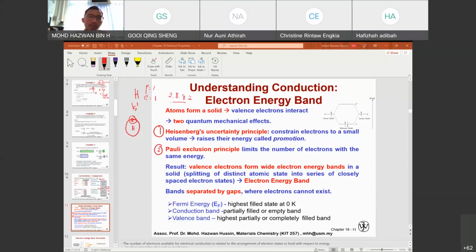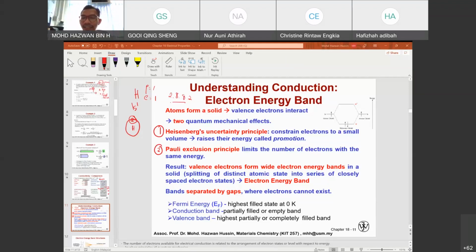So apart from s orbital, what do we have? Hong Zili. P orbital. Okay, so p orbital, how many electrons can it occupy? 6. Okay, right, 6.